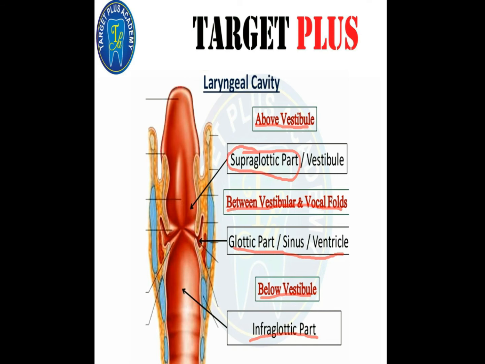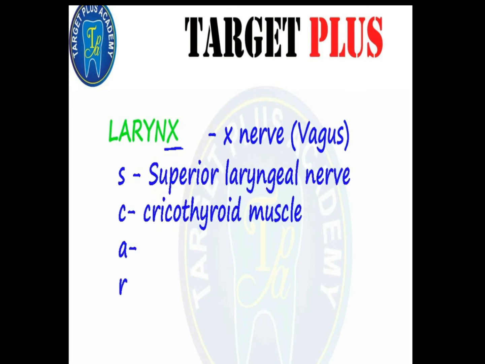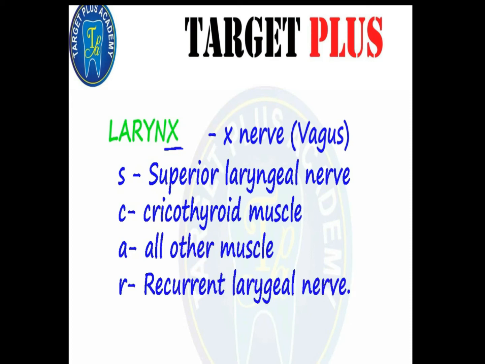Now larynx has the letter X in it, so it is supplied by the 10th nerve, the vagus nerve. And the easy mnemonic to remember the nerve supply is SCAR. That means that the cricothyroid muscle is supplied by the superior laryngeal nerve, whereas all other muscles are supplied by the recurrent laryngeal nerve.